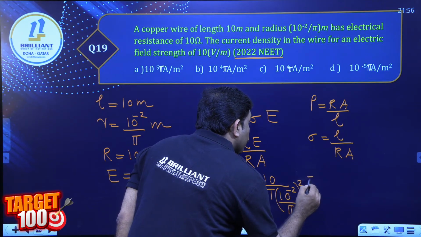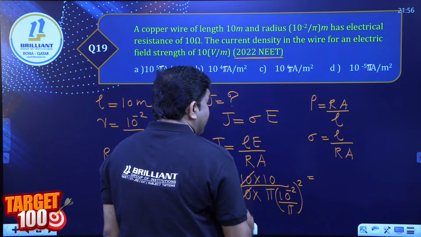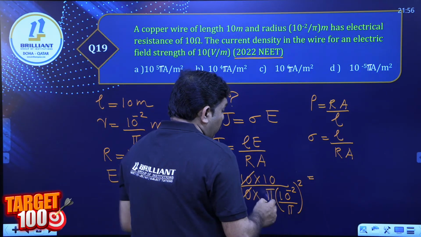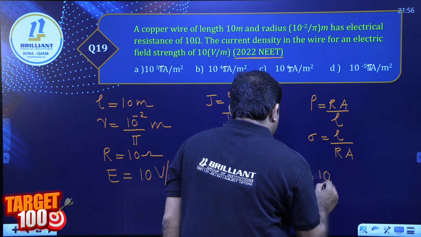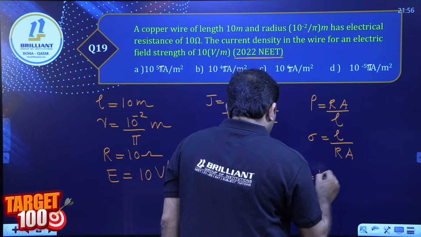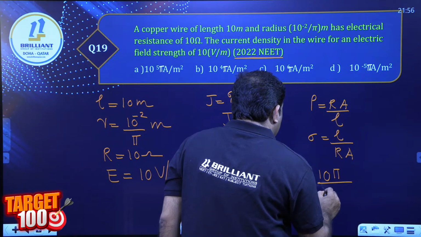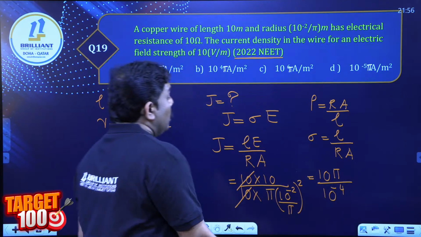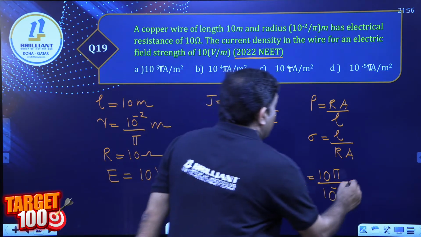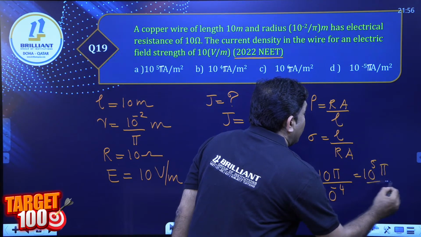Simplifying, the 10 and 10 cancel, the pi square is cancelled so that pi comes to the numerator, divided by 10 raised to minus 4. Taking that to the numerator, it's 10 raised to 5 pi.